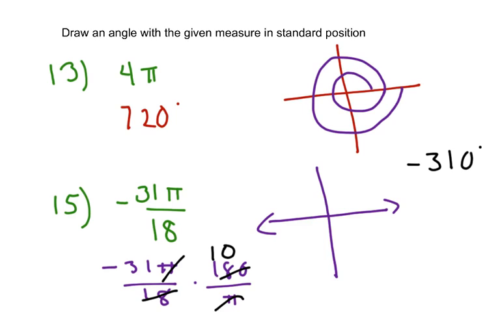I know that this is negative 90, negative 180, negative 270. So I need to add 40 more. So about right here maybe, not so far. That would be 45, so go back there. And then there's my terminal side.